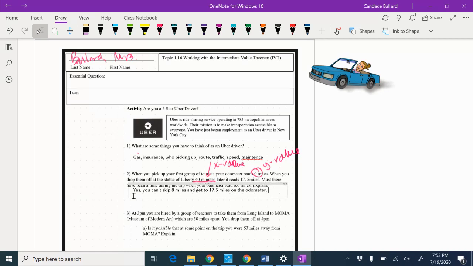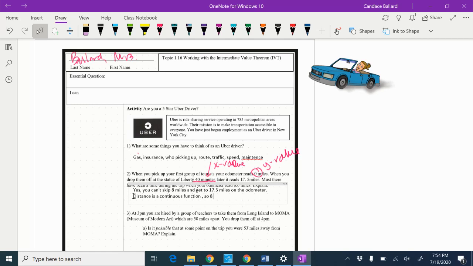Now, a little side note on that. If you wrote that down already, this is something else you probably want to add to it. The distance is a continuous function.